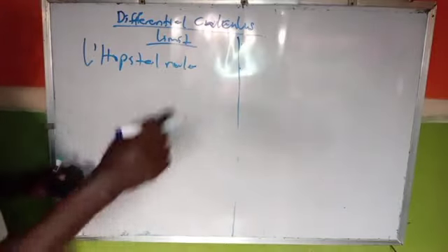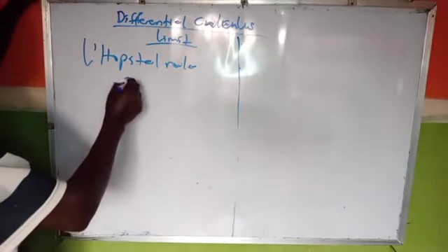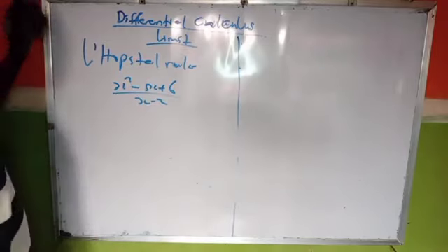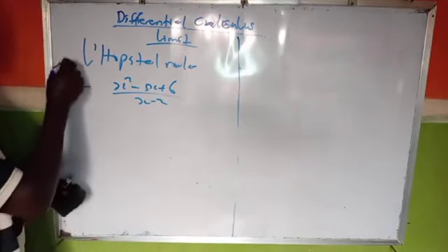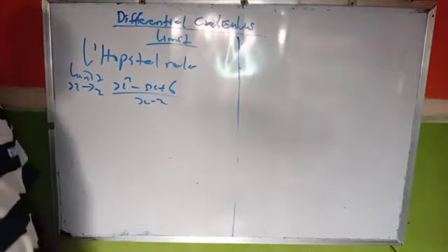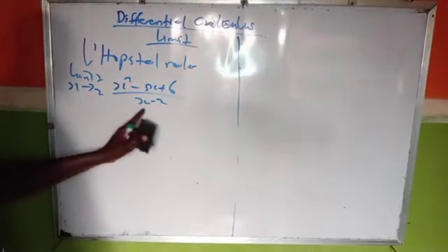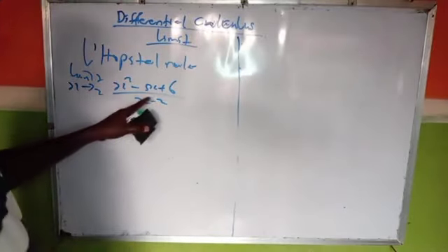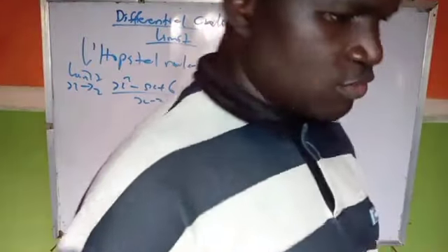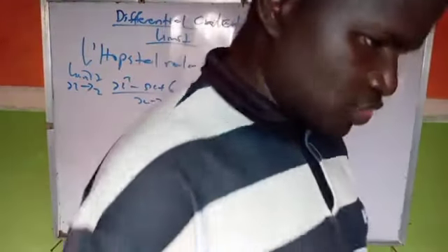Let's go back to the first one we did. x squared minus 5x plus 6 over x minus 2. Look, as the limit as x tends to 2, we want to confirm something. Since the result here gives you 0 over 0, indeterminate, you can use the L'Hopital rule or Bernoulli's theorem.